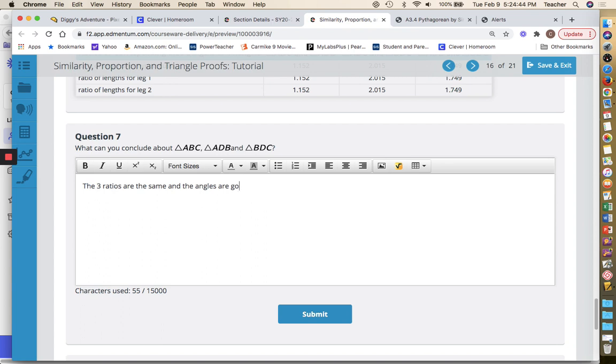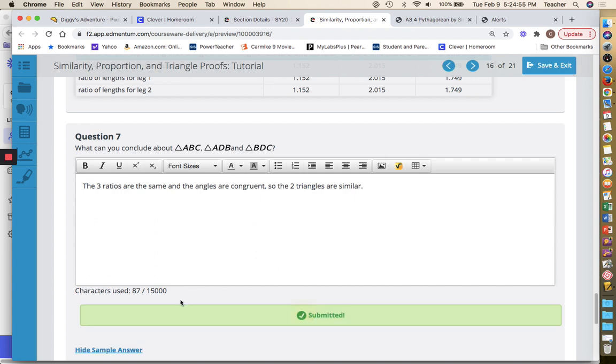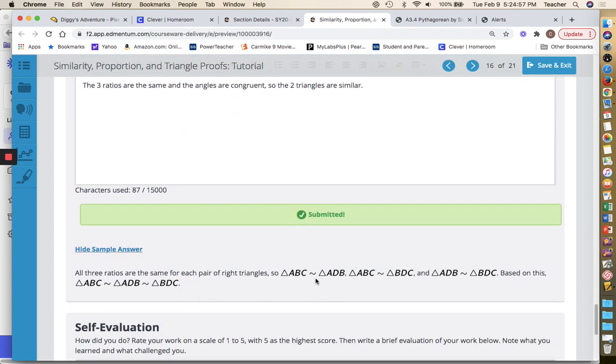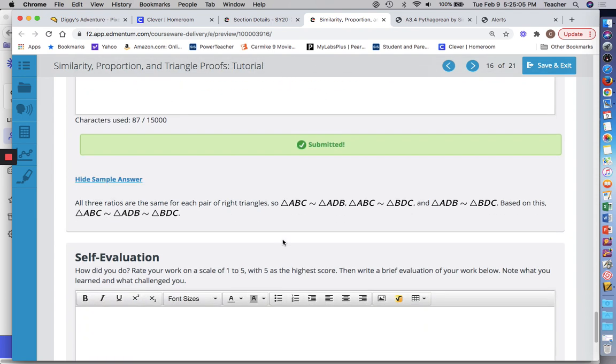So the three triangles are similar. That's what one little squiggly means: it means similar. So they're saying triangle ABC is similar to triangle ADB. In fact, they're all similar.